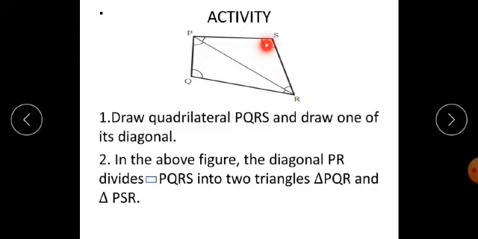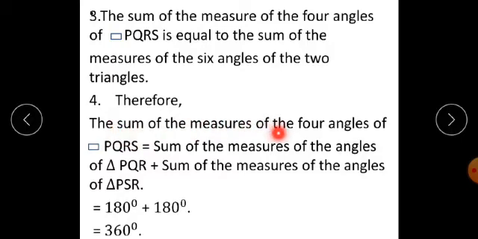And we know that the sum of all the three angles of a given triangle is equal to 180 degrees. Therefore, the sum of the measures of the four angles of quadrilateral PQRS is equal to the sum of the measures of the angles of triangle PQR plus the sum of the measures of the angles of triangle PSR.